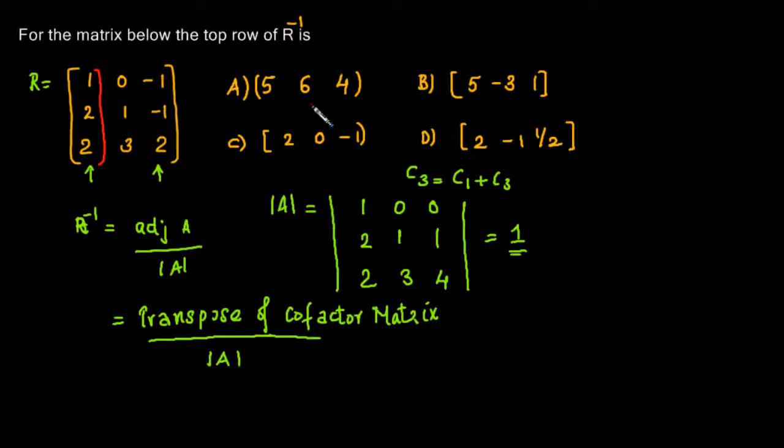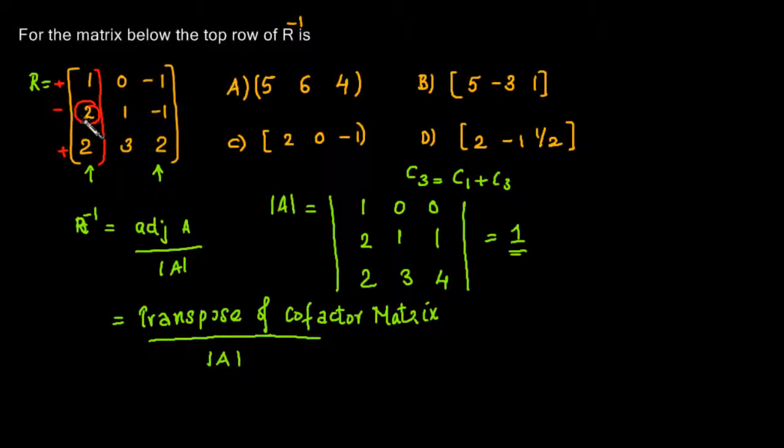Now here in the options we can quickly see the second element is completely different in all the 4 cases. So we will look for the cofactor of this 2. The sign will be plus, minus, plus, so it is minus. And what is the minor of 2?